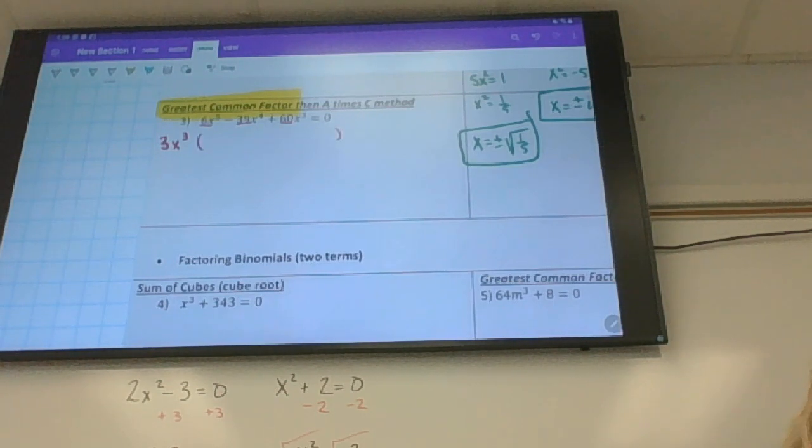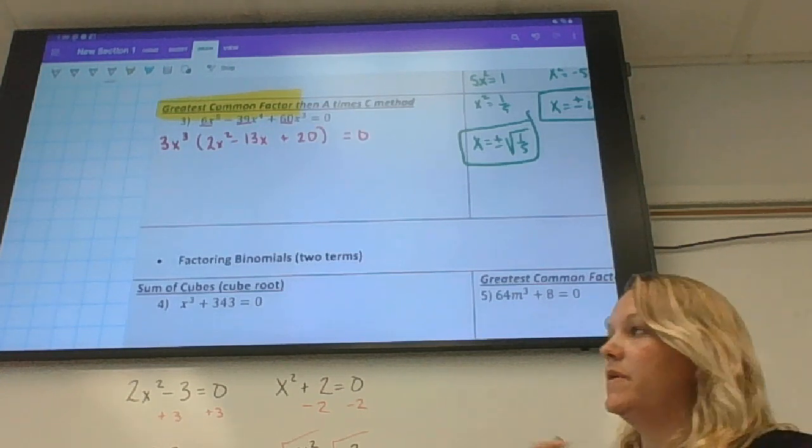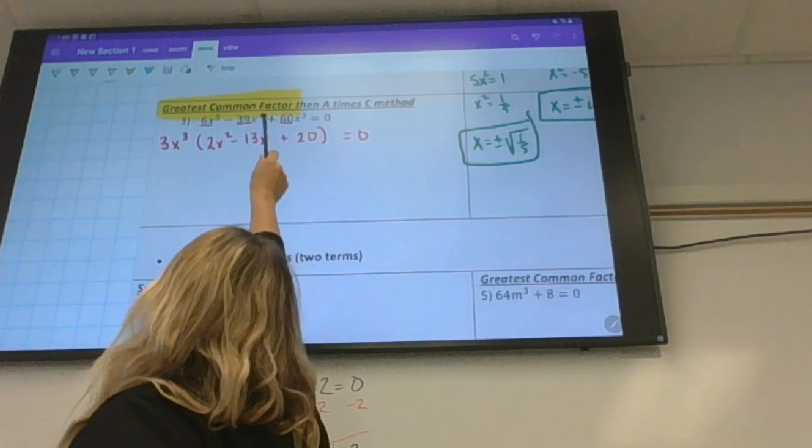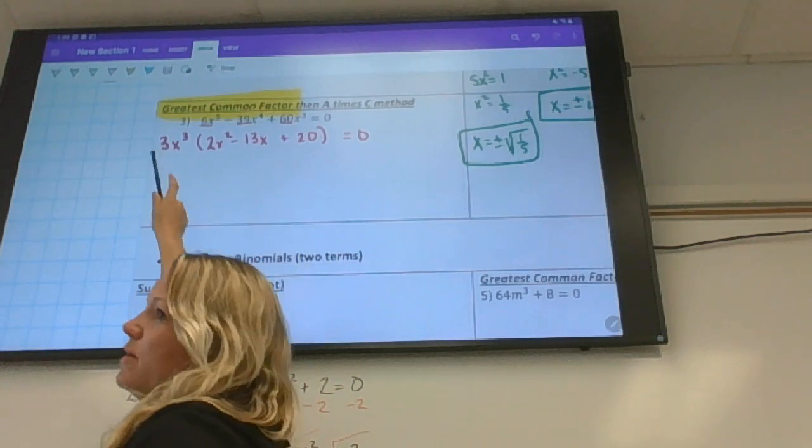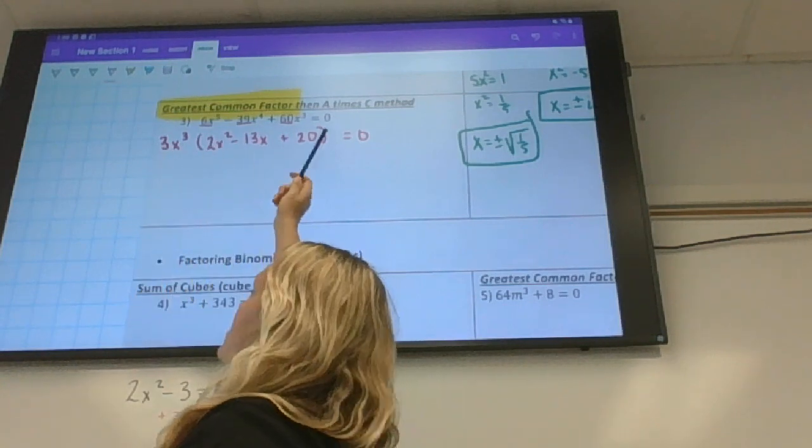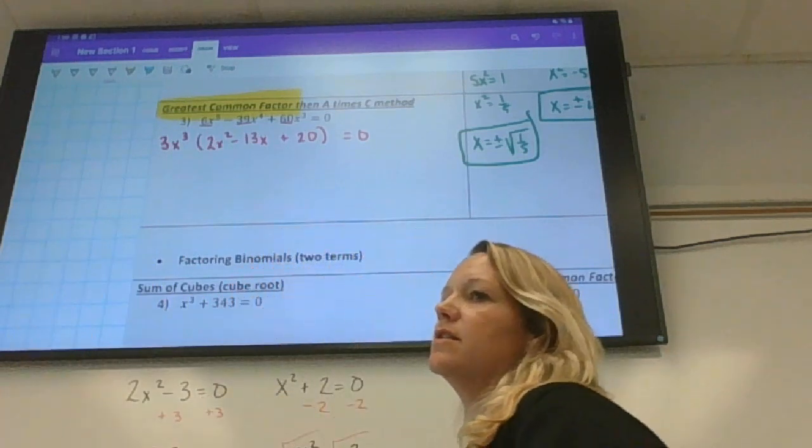So I'm going to start by dividing them all by 3 and taking x to the third out. We're going to do the whole thing the same, but there's a little something different in the beginning. If you can divide all three by the same number, you always do that because it makes your numbers smaller and easier to work with.